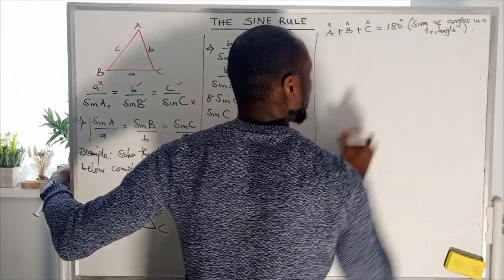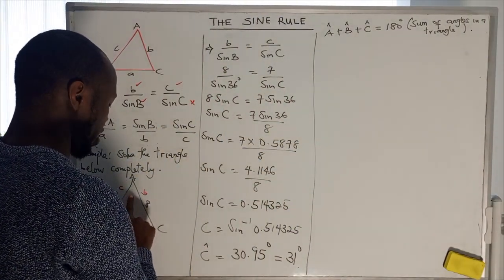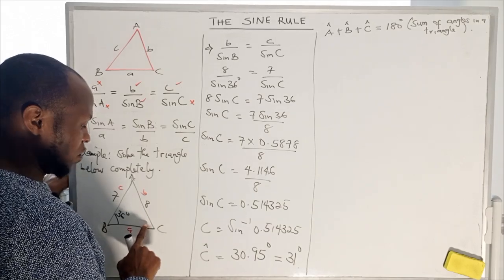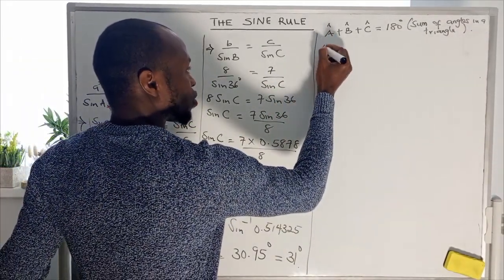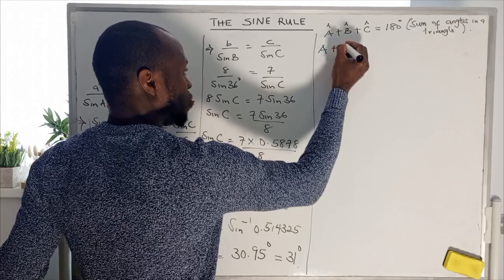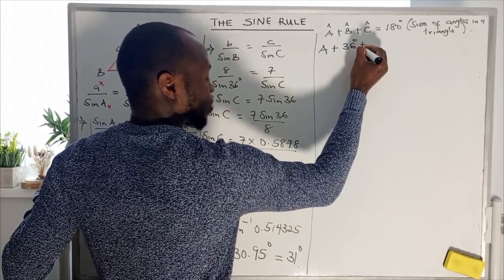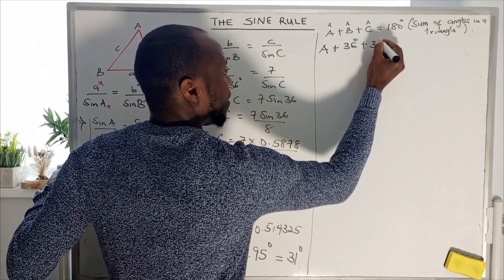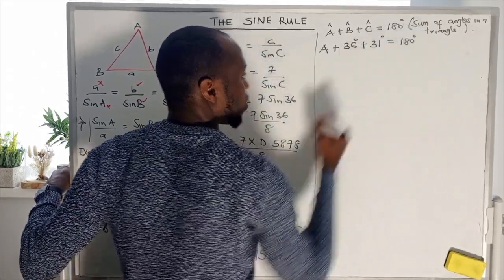My angle A is not known, my angle B is 36 degrees, and my angle C is what I just found, equals 180 degrees.